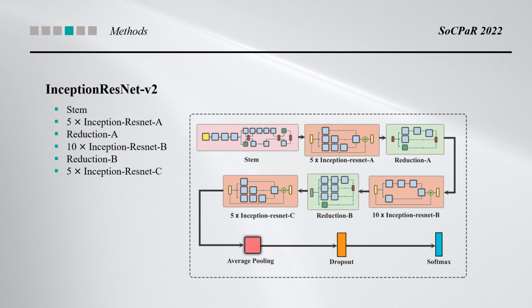As you can see in this figure, Inception ResNet V2 has many blocks called Stem, Inception-ResNet A, B, and C, and Reduction A and B. In each block, ResNet and Inception structures are embedded in the network, which helps this model extract important features from visual information, which is the CT scan images in this task.